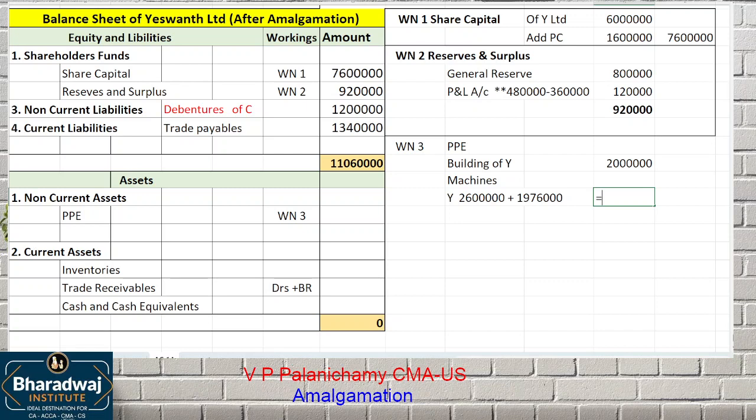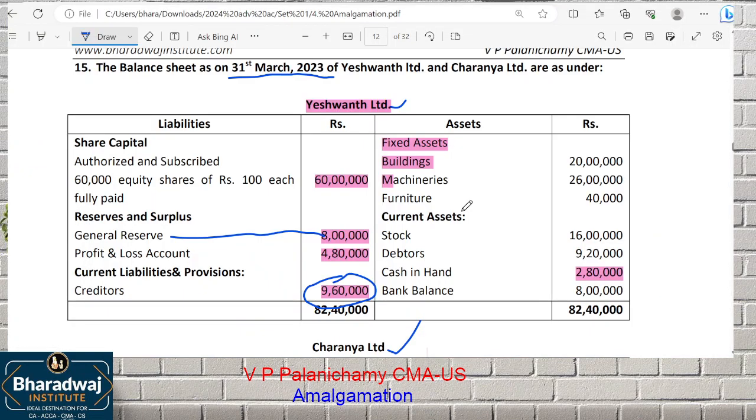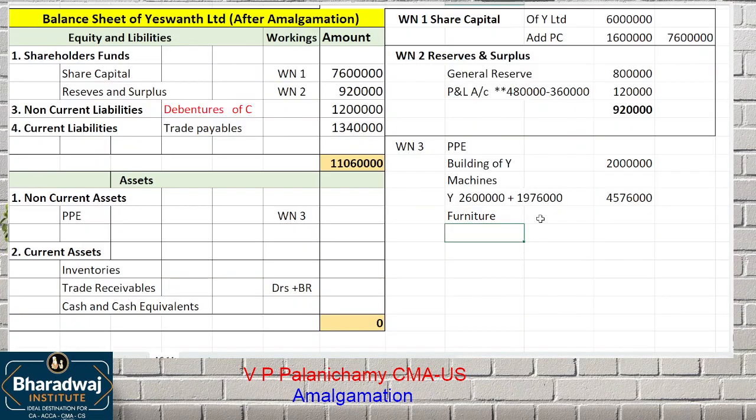Look at the journal entry, revised value. 26 lakhs plus 19,76,000. Machines. Then furniture. Yashwant Limited, any furniture given? 40,000 plus, look at the journal entry, 24,000.